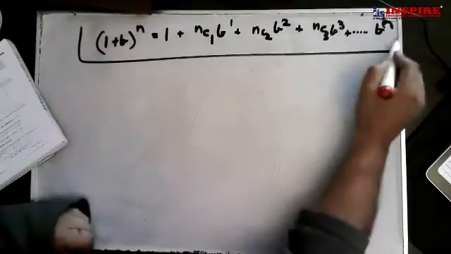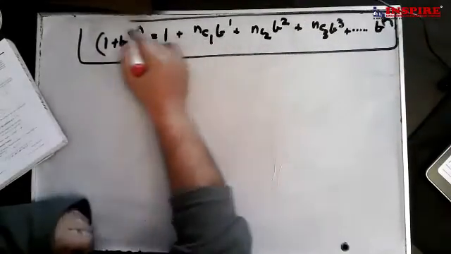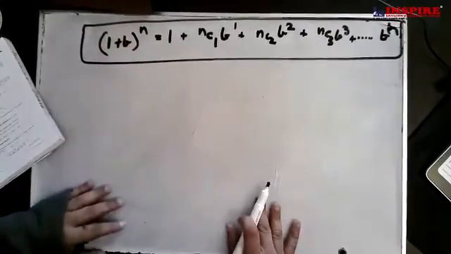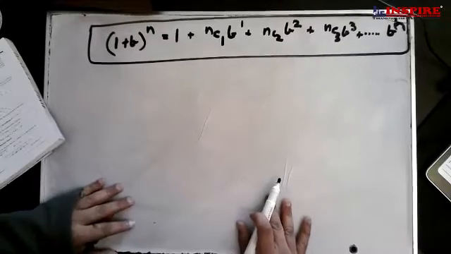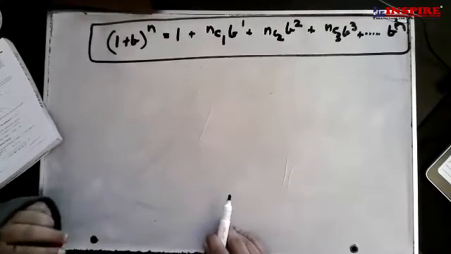Now, it might be confusing, but in the next five examples, it'll be much easier for you.